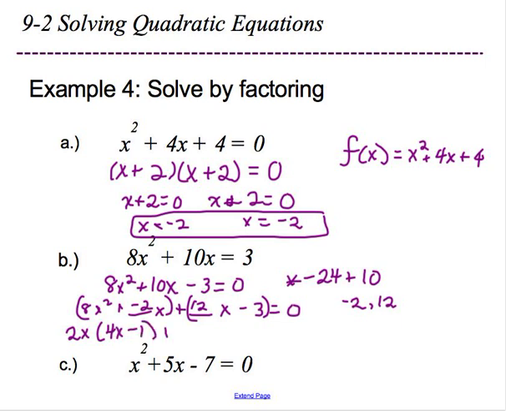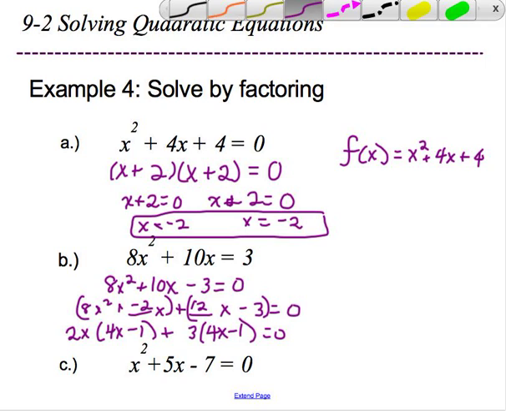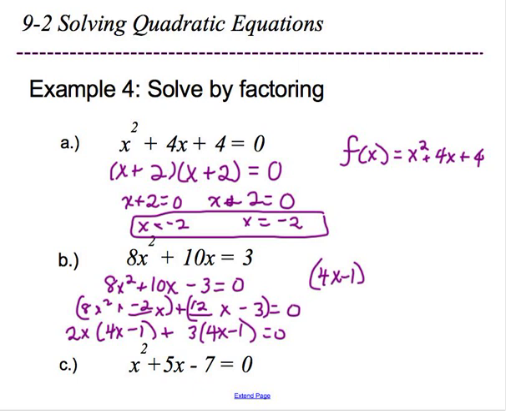And then over here, factor out a 3, and we're left with 4x minus 1 equals 0. So our final factored form ends up being 4x minus 1 times 2x plus 3, and it's equal to 0.